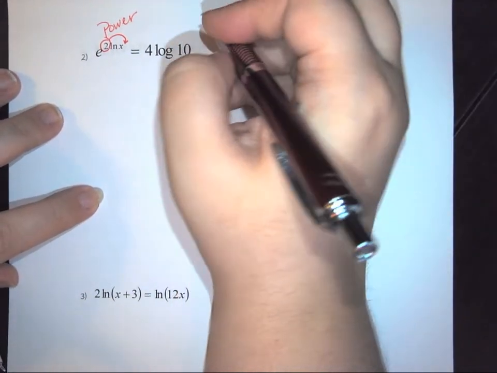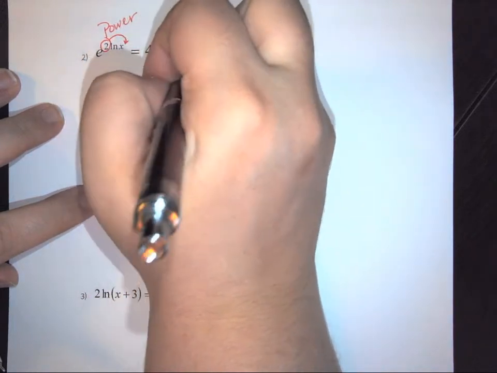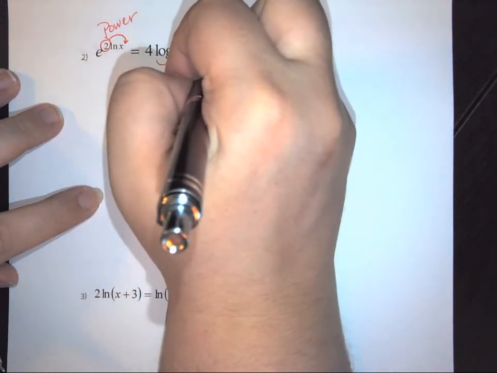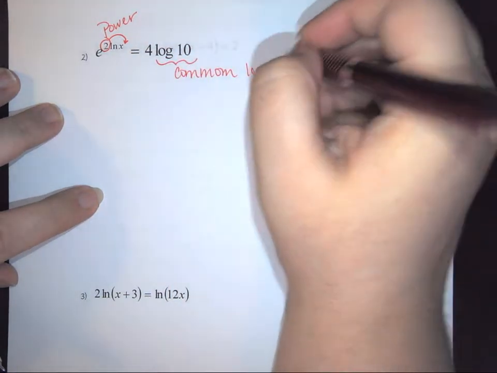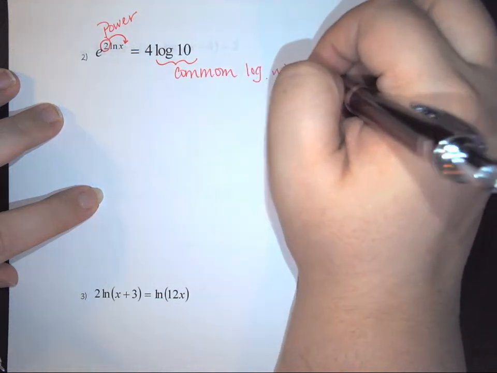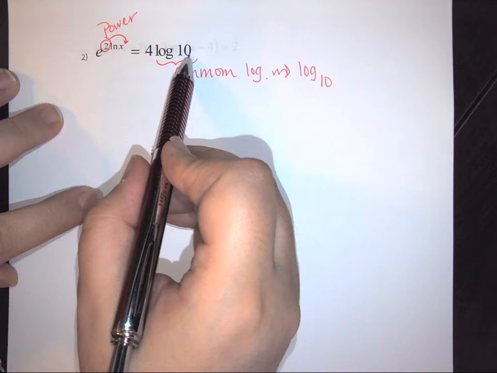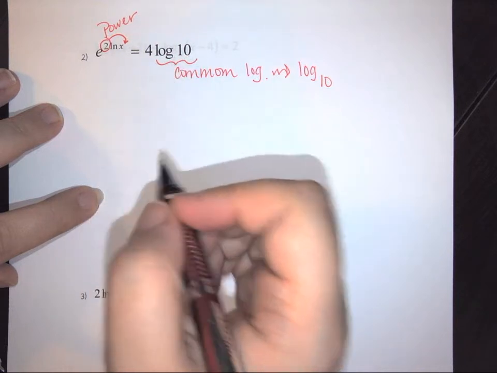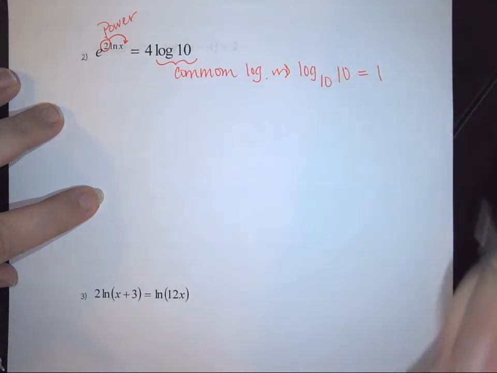And then the second thing we need to notice is that this right here is actually a common log, which, if you remember, common logs are log base 10. So if you notice, this is log base 10 of 10, which means log base 10 of 10 is going to become 1.